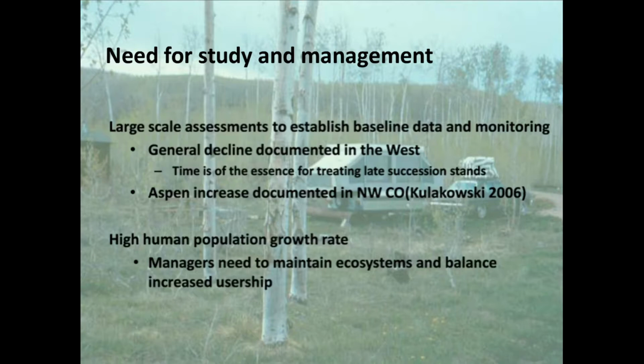And managers need to make sound scientific management decisions to inform these plans. I believe that Utah is number 4 in growth rate for the U.S. and Nevada is number 1. So we need large-scale assessments for these reasons.